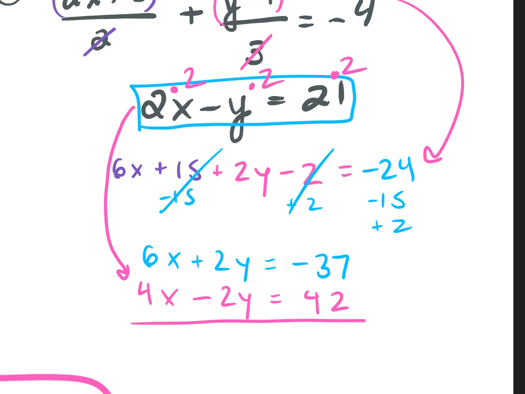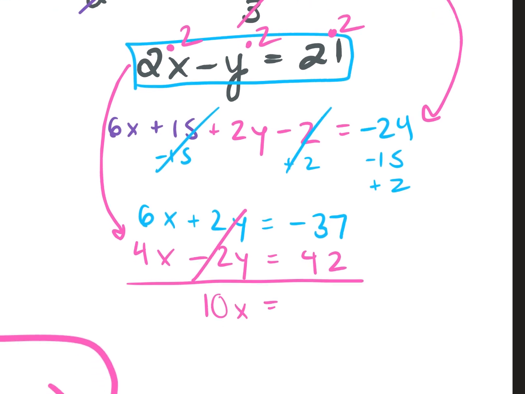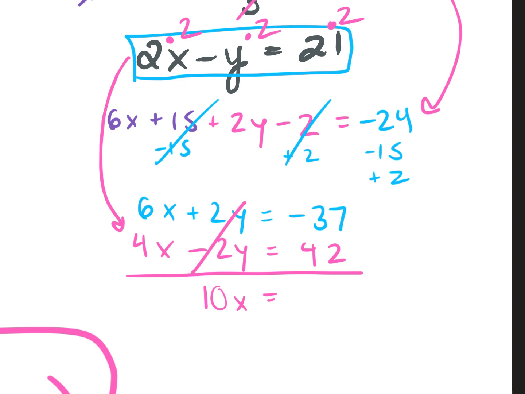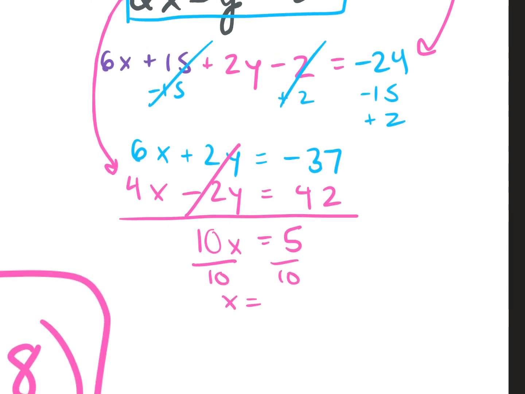So combine our like terms, we get 10x, the y's will cancel, and that is equal to, what? 5. Divide both sides by 10, so x is equal to 1/2.